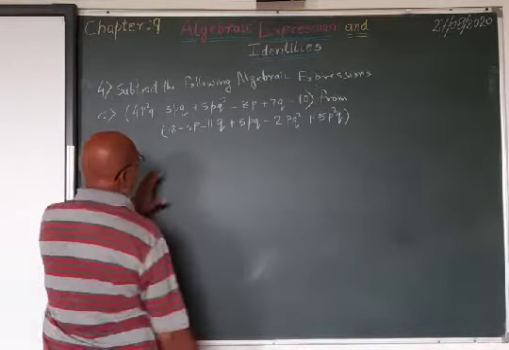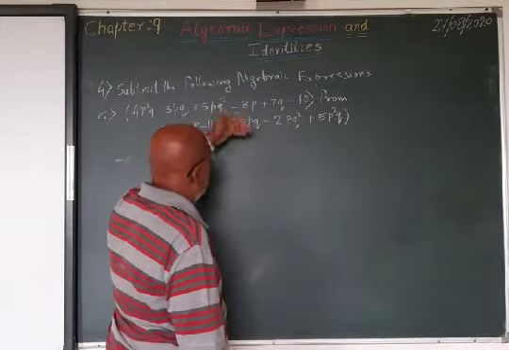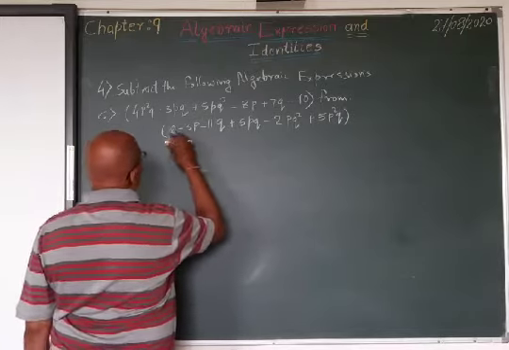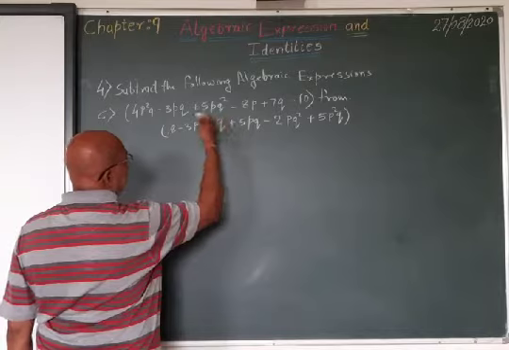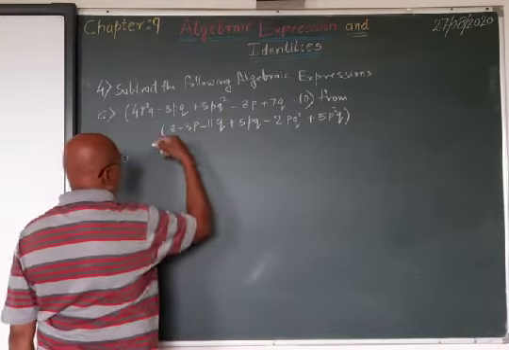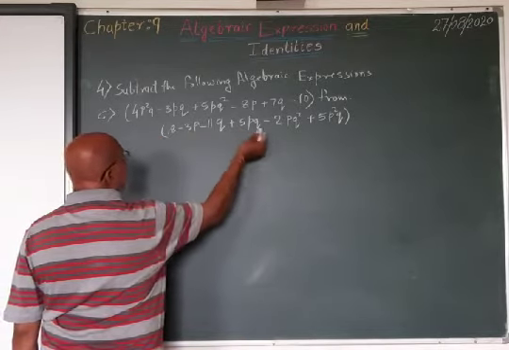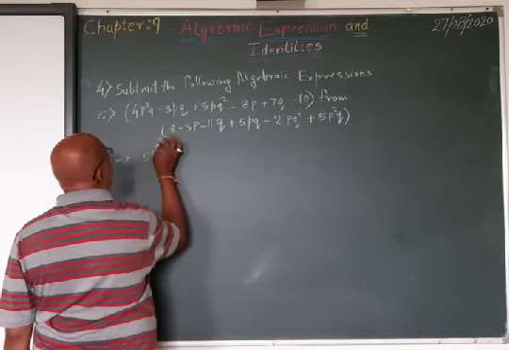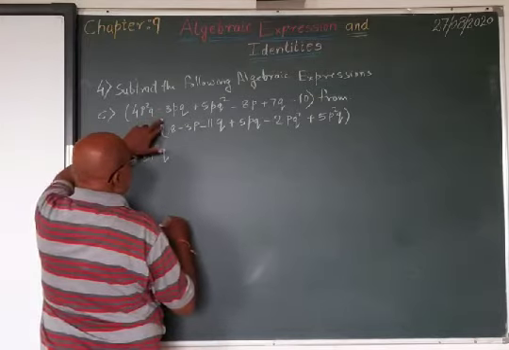I will write this in the same format so that it will be easy for subtraction. So I will write the second expression first in standard form. It will be 5p square q. The first term is the same here, a like term.